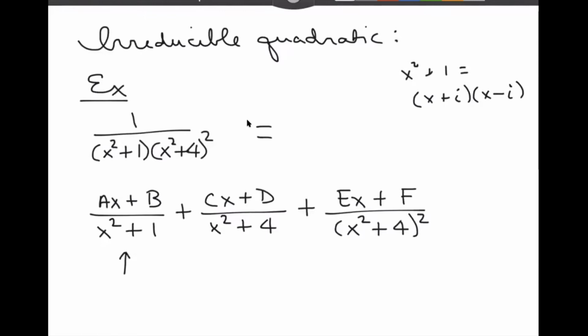And then you do the same thing if you have exponents higher than 2: you count up and put a mystery numerator of the same type on top of each one. So those are the possibilities. As a fun fact, all of the factors have to be either linear or irreducible quadratic.